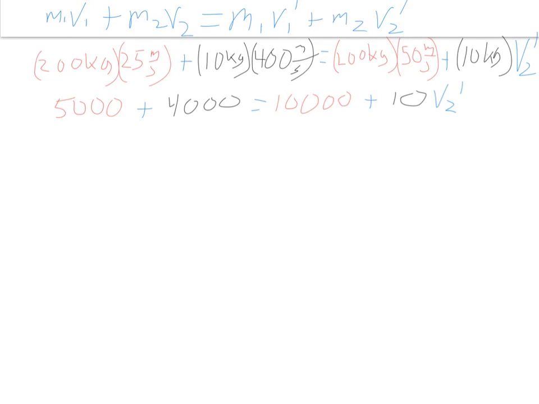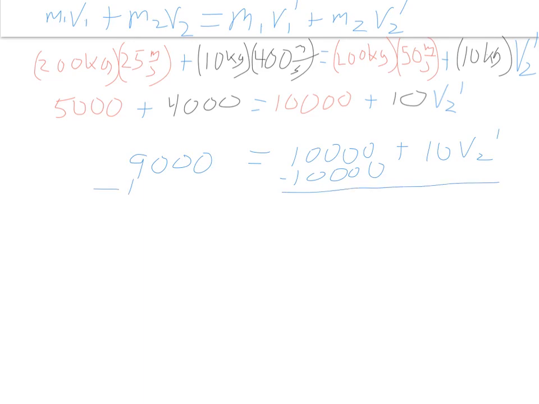Adding these up, I wind up with 9,000 as my momentum before equals 10,000 plus 10 V2 prime. First step, I need to subtract out that 10,000 from both sides of my equation.